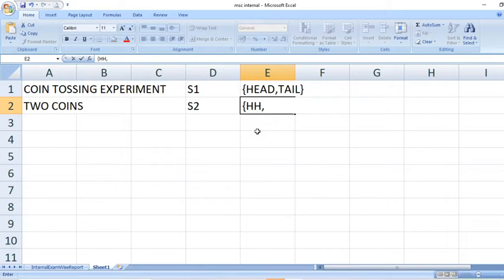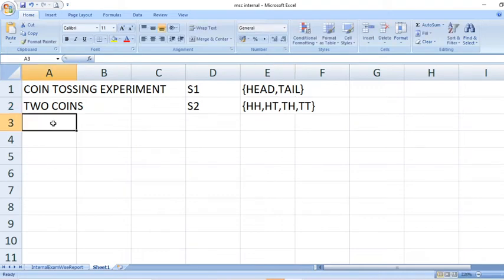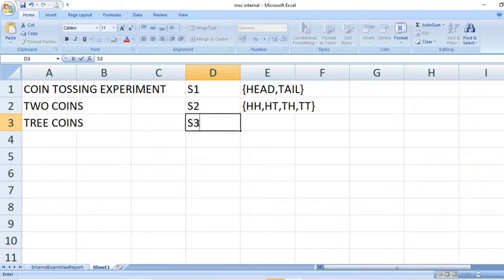Correct. HH, HT, TH, TT. So this is the sample space. Suppose we are tossing 3 coins. Sample space is S3.